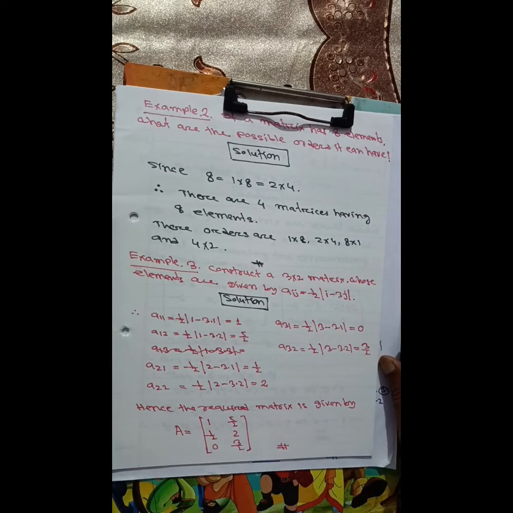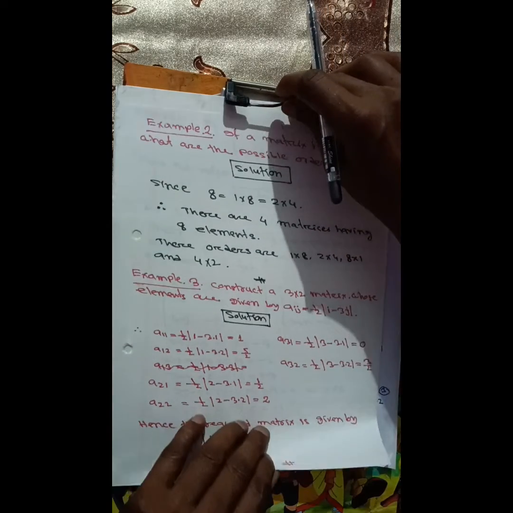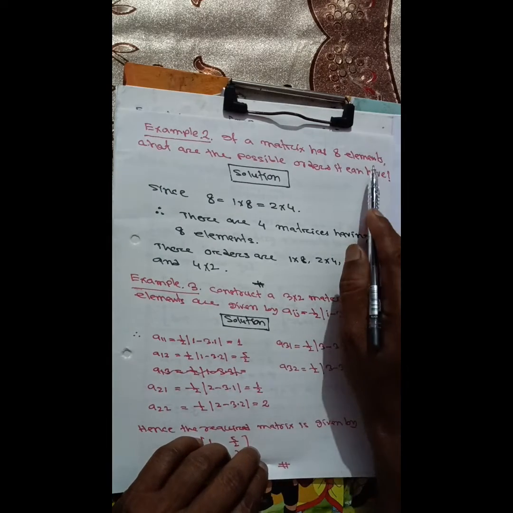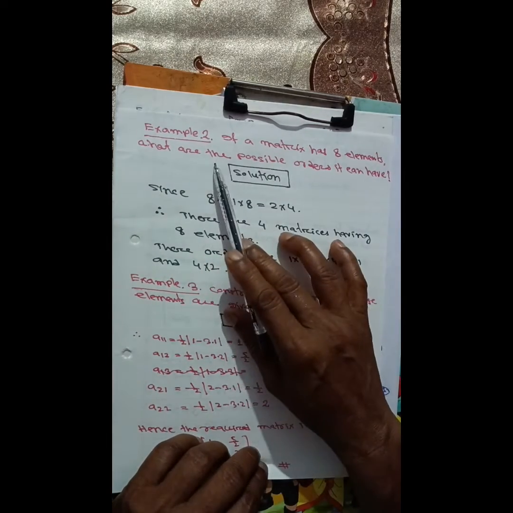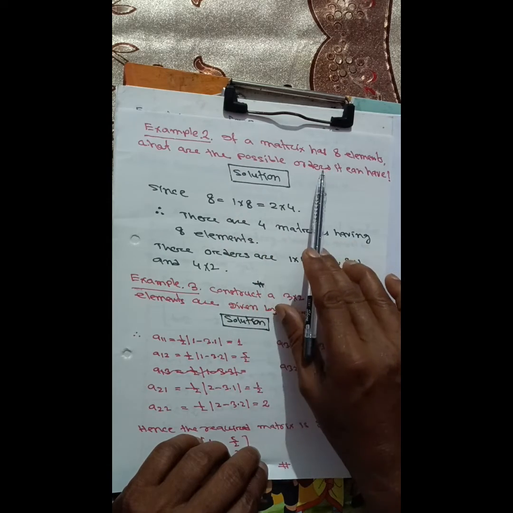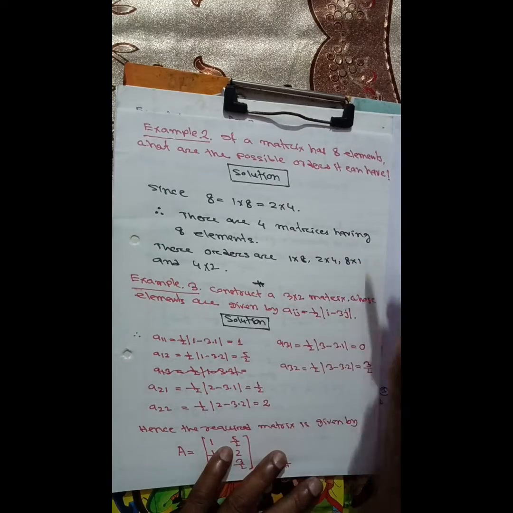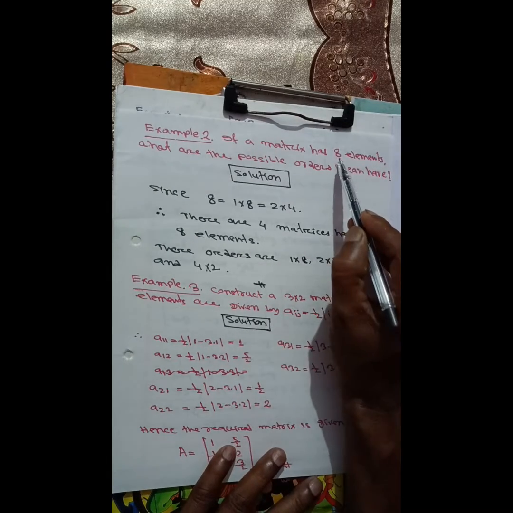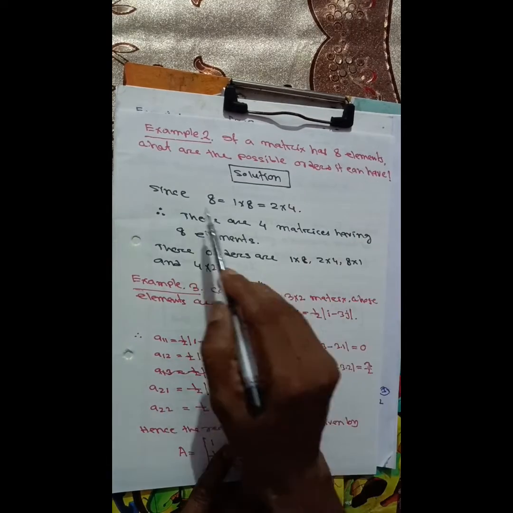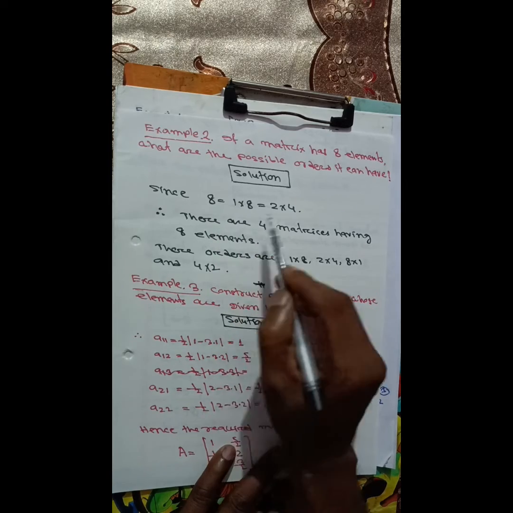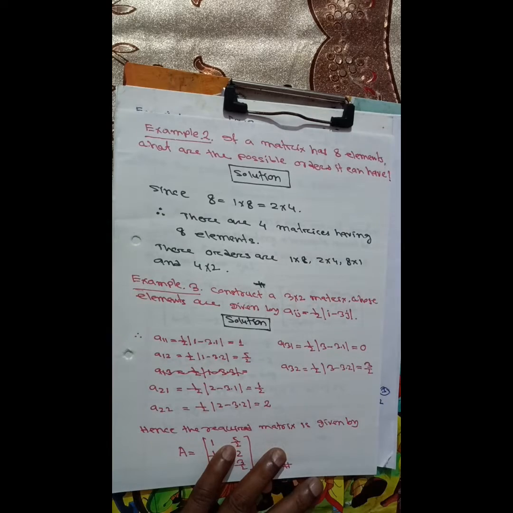Example number 2. If a matrix has 8 elements, what are the possible orders it can have? Solution. Since 8 elements are given, 8 can be written as 1 into 8 and 2 into 4.